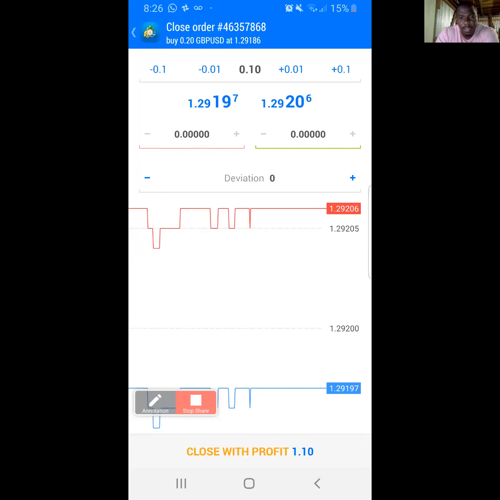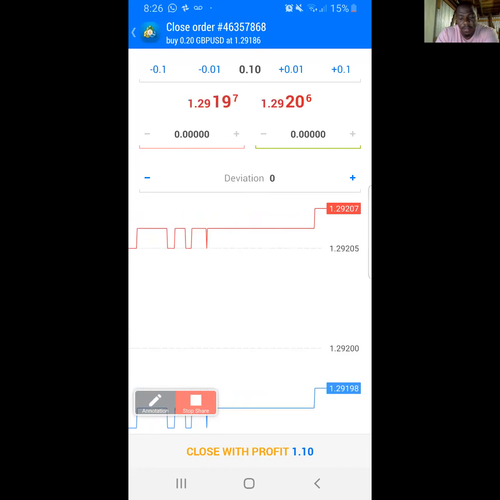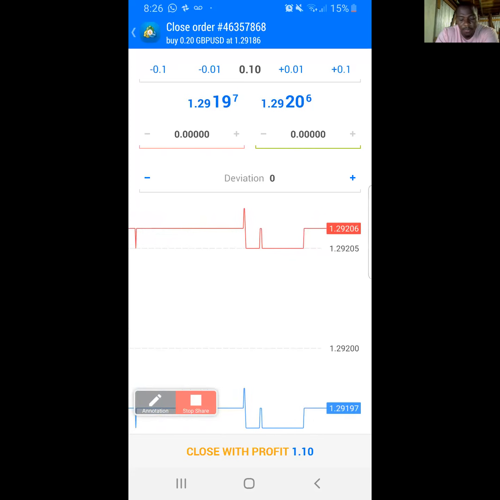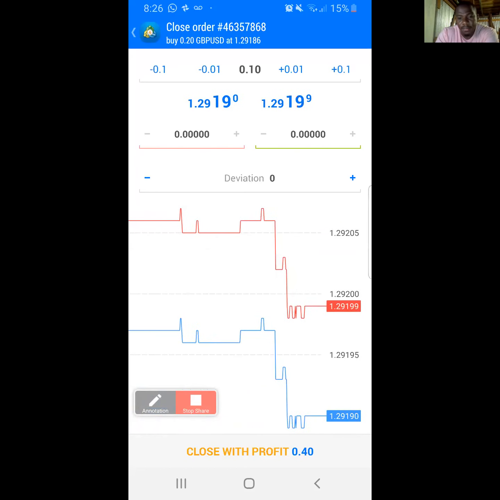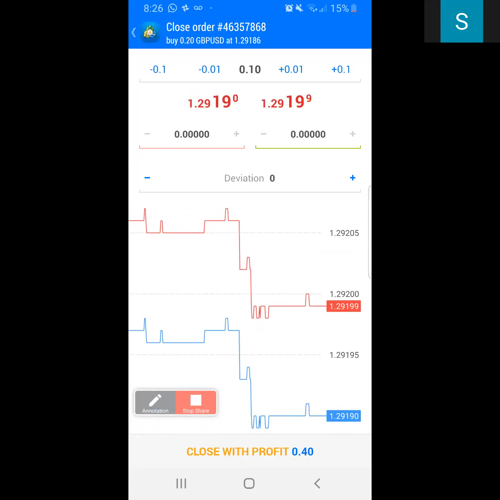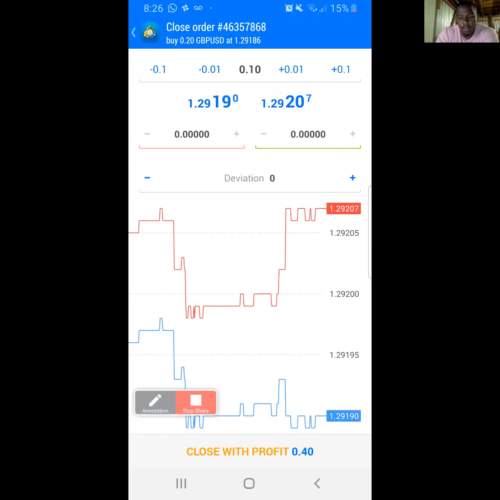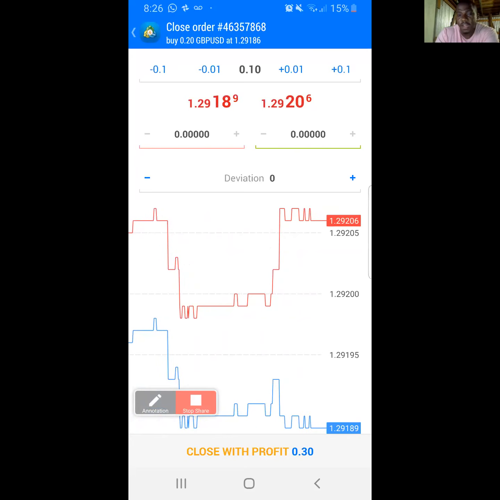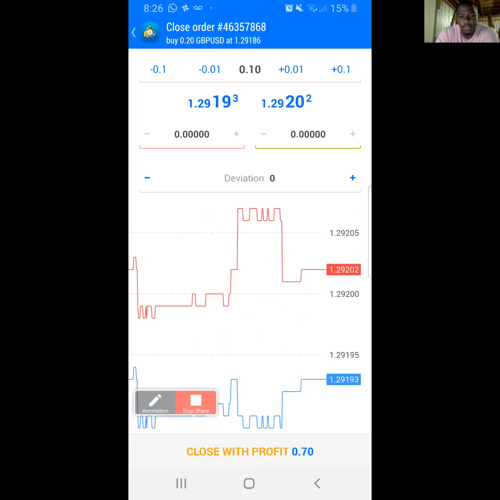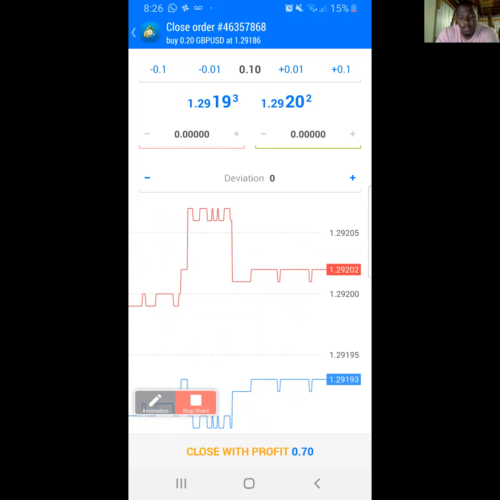So if I wanted to take half of my trade, I would just decrease the lot size from 0.2 to 0.1, and then I could take some of my profits. Or if I'm in negative, I could close some of my loss before I lose more. Let me say I over leveraged and entered too high a lot size, I could close down to the position I wanted.